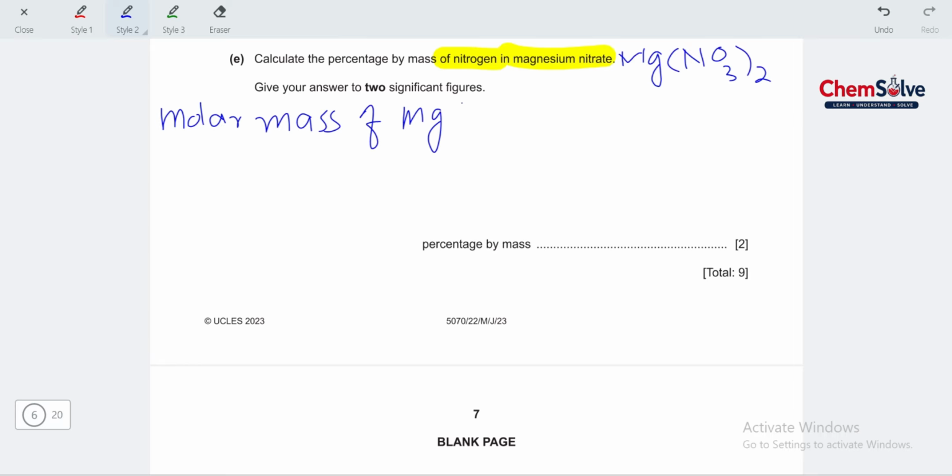And here the compound is magnesium nitrate. So I will specifically write magnesium nitrate here instead of the generic word compound. So for the molar mass of the compound, we need the molar mass of magnesium, nitrogen, and of course oxygen. So for that we will move towards the periodic table.